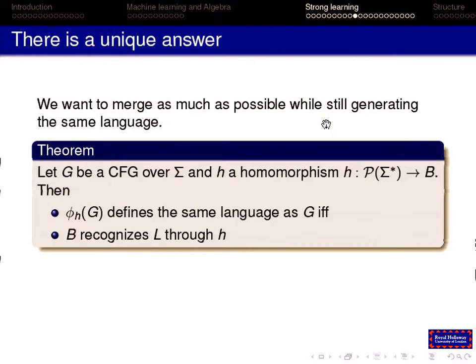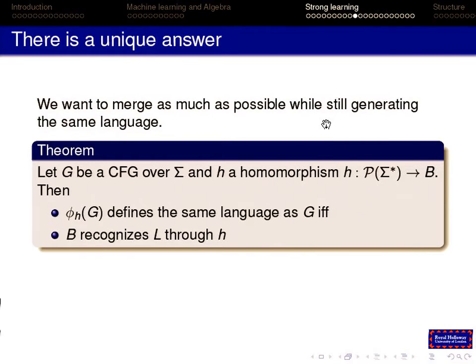So now we can say we want to merge as much as possible while still generating the same language. The idea is we have some big context-free grammar, and we want to merge non-terminals as much as possible while generating the same language. We can show that the merged grammar is going to define the same language as the original if and only if this semi-ring recognizes L through this morphism.